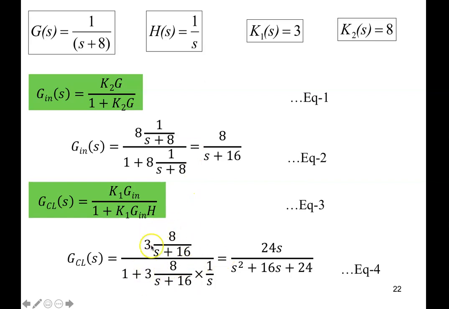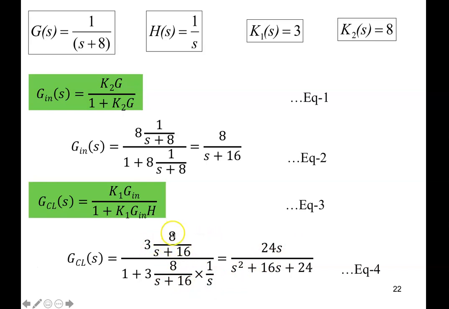And then I'm going to try to simplify that fraction inside a fraction. We've done that quite a few times. All we need to do now is multiply S and S plus 16 to the numerator and the denominator. On the top, because we are multiplying S times S plus 16, the S plus 16 cancels out, but we still have an S left.